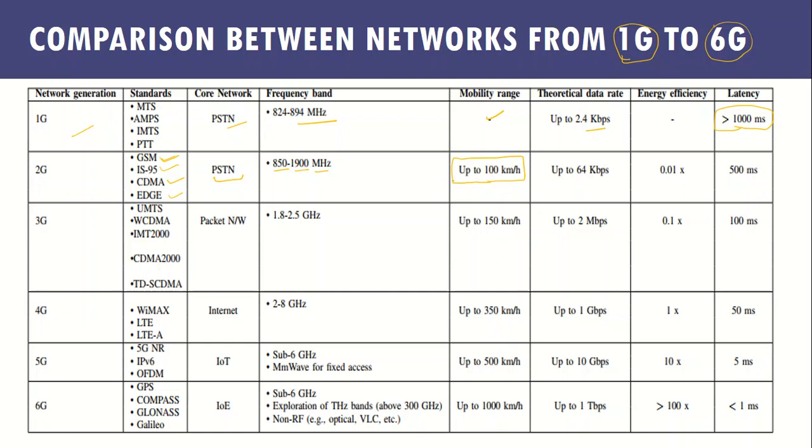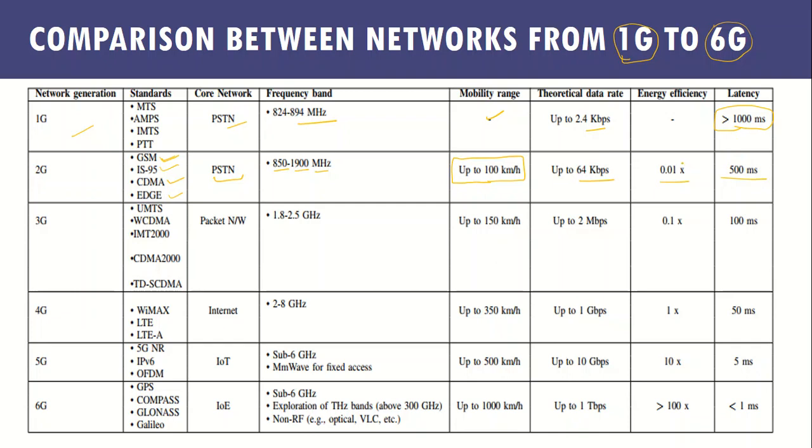Only SMS services were available in 2G, and data rates were up to 64 kbps. Energy efficiency improved 0.01 times, and the delay was reduced. So some improvements were made in 2G.